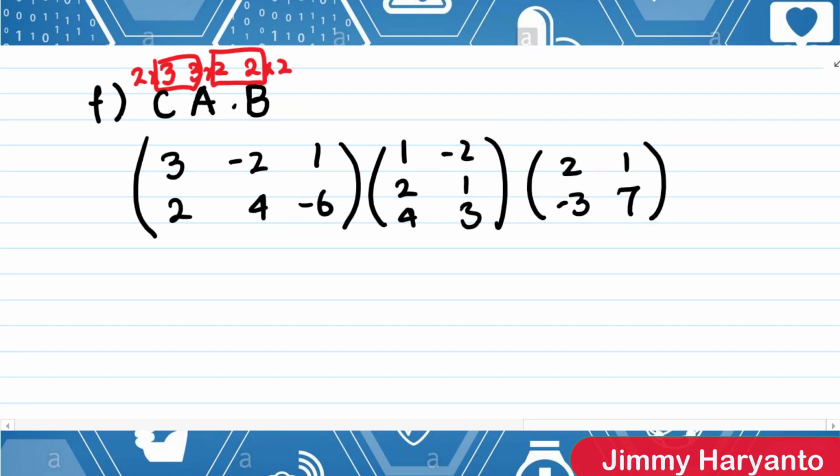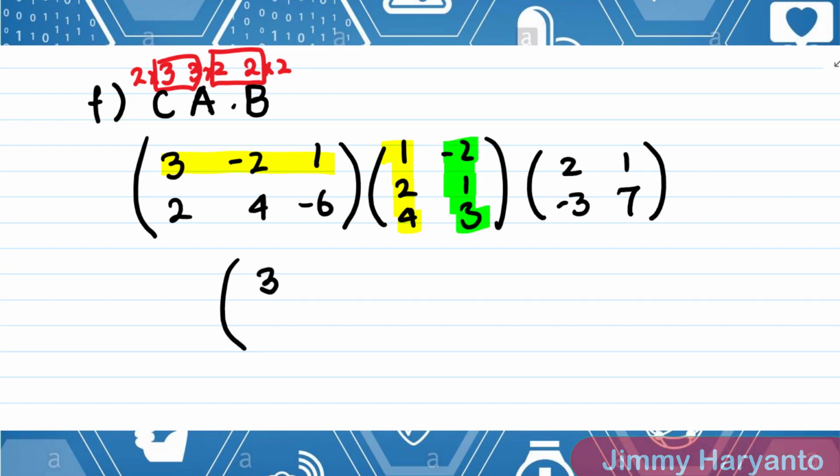So the first row and the first column, it will give you 3 minus 4 equals negative 1, negative 1 plus 4 equals 3, and then for the next one, 6 minus 2 equals 4, giving negative 8, and 3, negative 5.